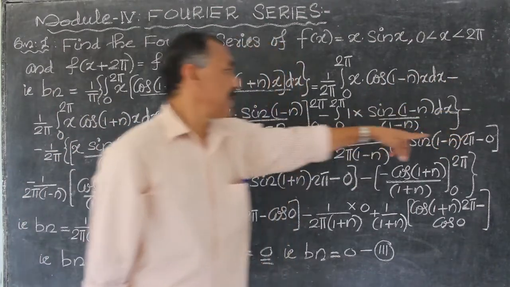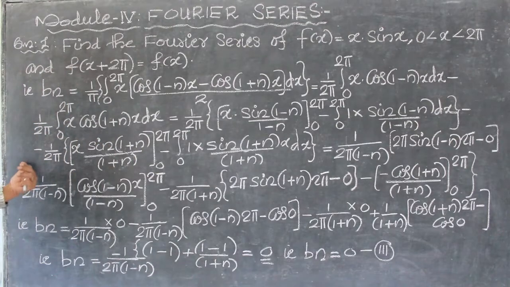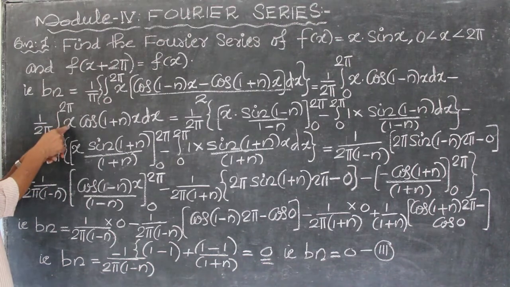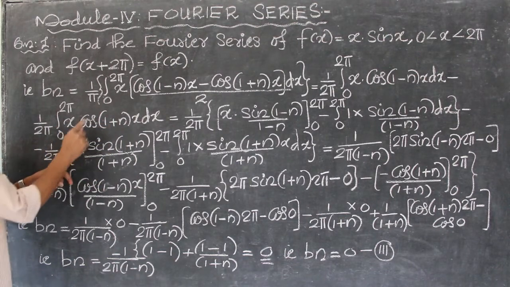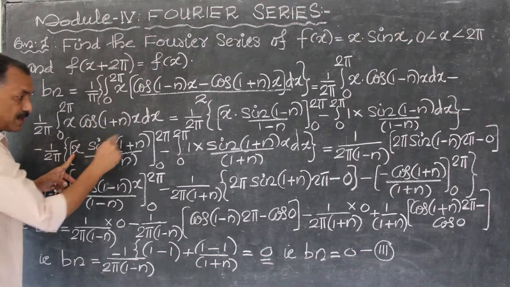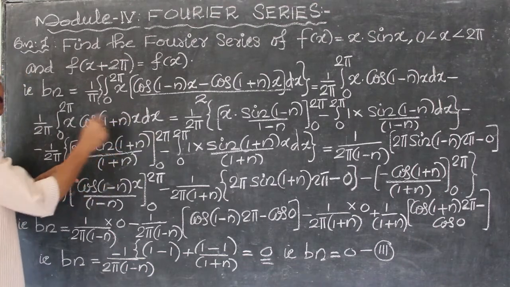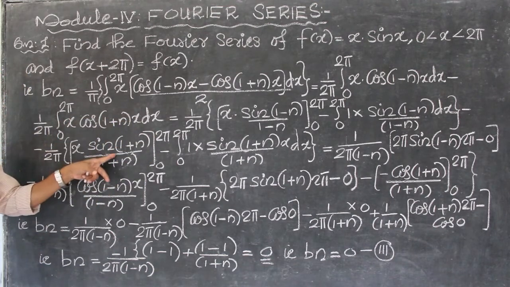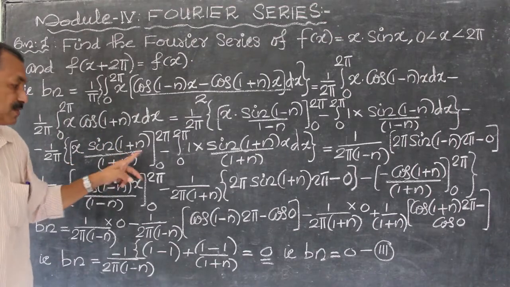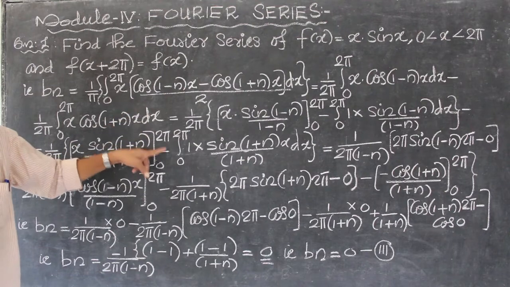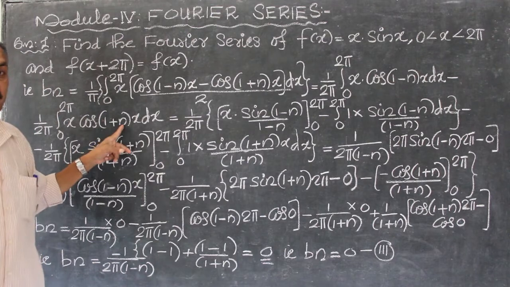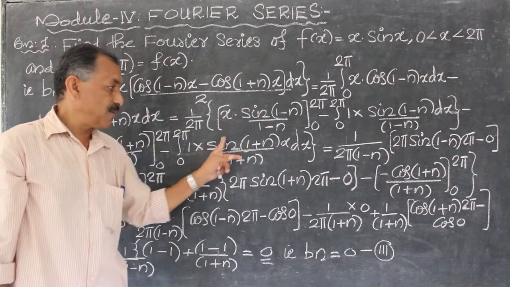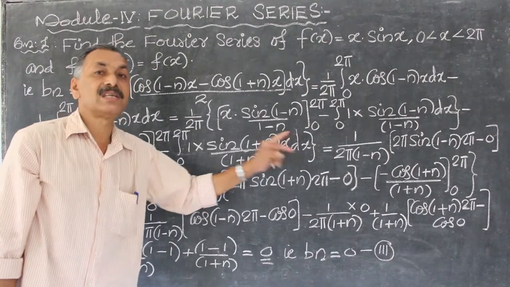Similarly for the second term: first, x into integral of cos 1 plus n, is sin 1 plus n divided by 1 plus n, between the limits 0 to 2 pi, minus integral of derivative of x, 1, into integral of second, sin 1 plus n divided by 1 plus n into x dx.